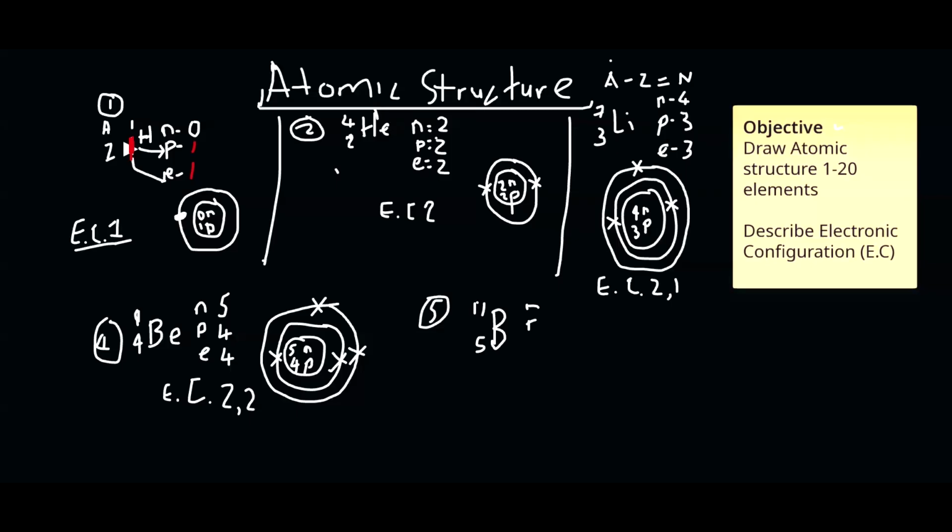So N is 6, P is 5, and E is what? 5 as well. So now we have to go ahead and draw the structure. Alright, again, N and P. So N is 6, P is 5.